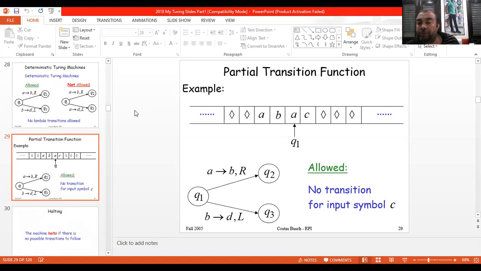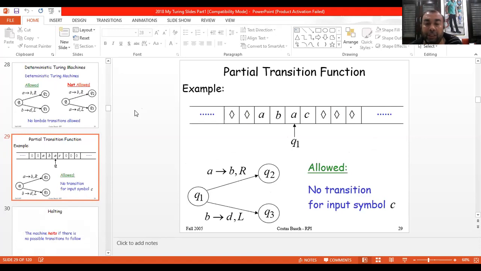Partial transition function. This we have already discussed in case of NPDA and DPDA. I am again repeating the same thing. What is the meaning of partial transition function? It means that you will not create all the transition functions for all the inputs on all the states.